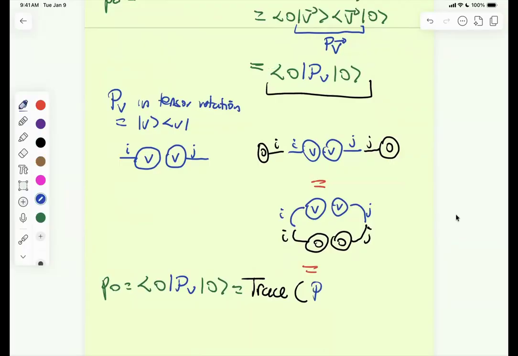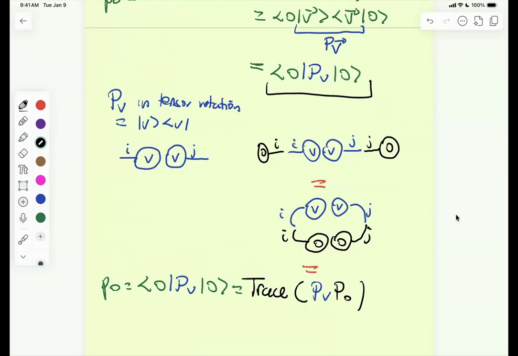It doesn't matter. The trace commutes, right? Trace of A times B is the same as trace of B times A. So it doesn't matter. So the probability is the dot product between the projections representing each of the vectors.